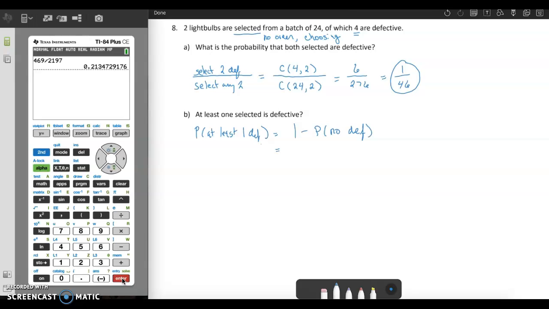That's the same thing as saying that they're all good. Let's look at that this way. 1 minus then, we would be choosing all good bulbs out of choosing any 2.